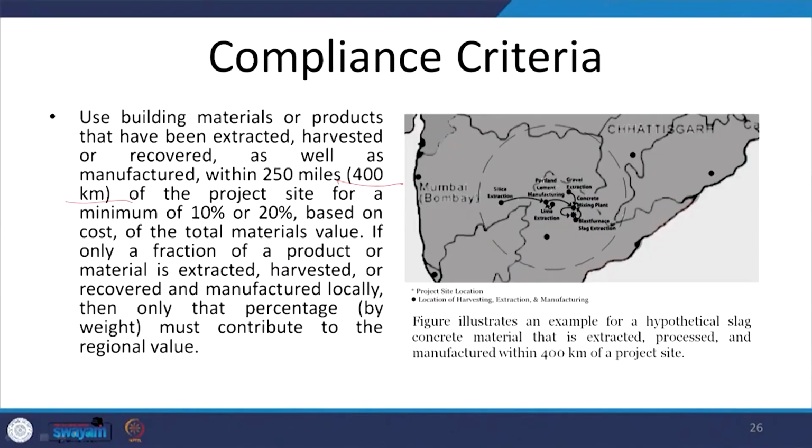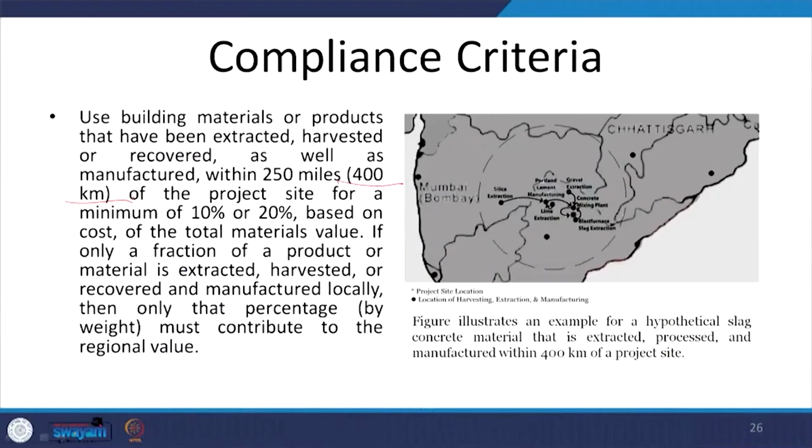Once we have done that, and if we are looking at compliance criteria, as per one of the rating systems, it is 400 kilometer radius. Now, when we are talking about the compliance criteria, we are talking about procurement of building materials which have either been extracted or harvested or recovered or manufactured within a 400 kilometer radius of the project site.